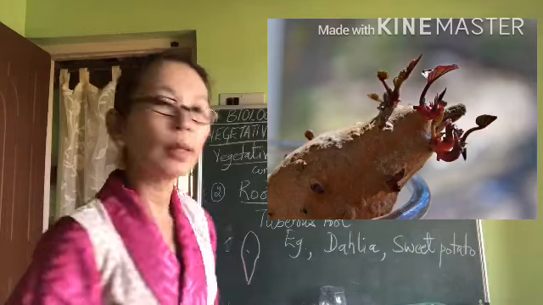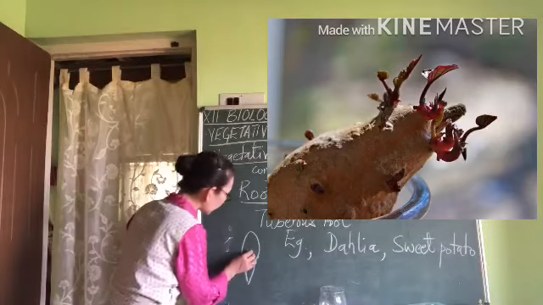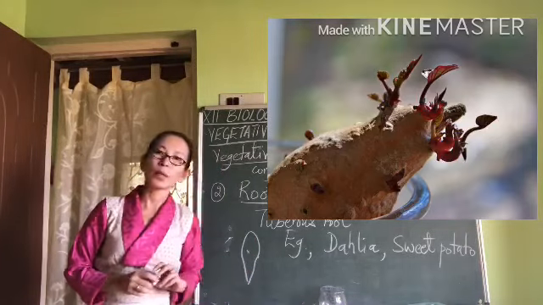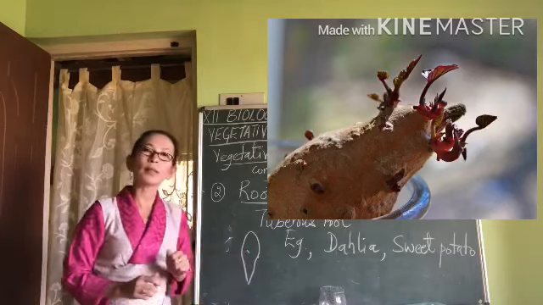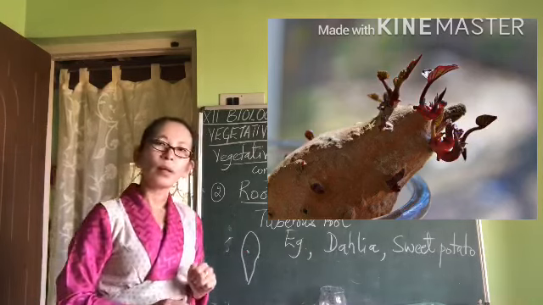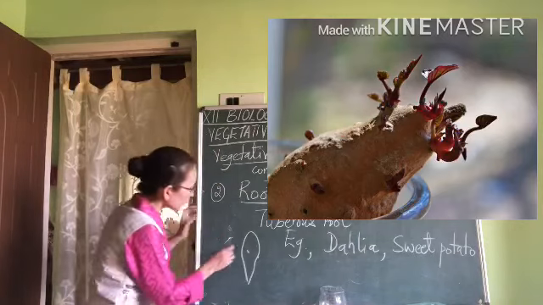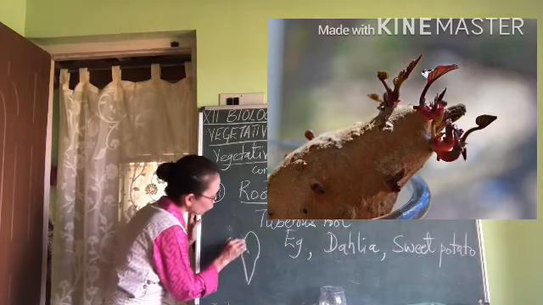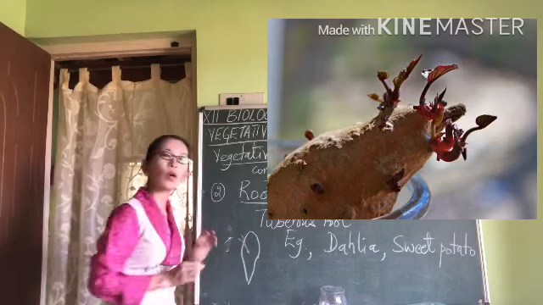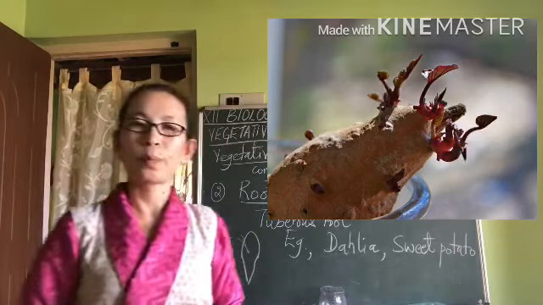And these buds even carry scaly leaves surrounding them. And when these buds start growing, they will then give rise to a shoot. So from the buds you can also get new shoots, right?